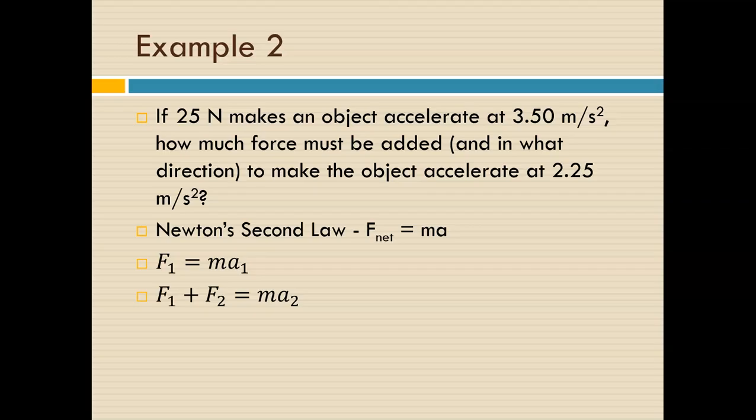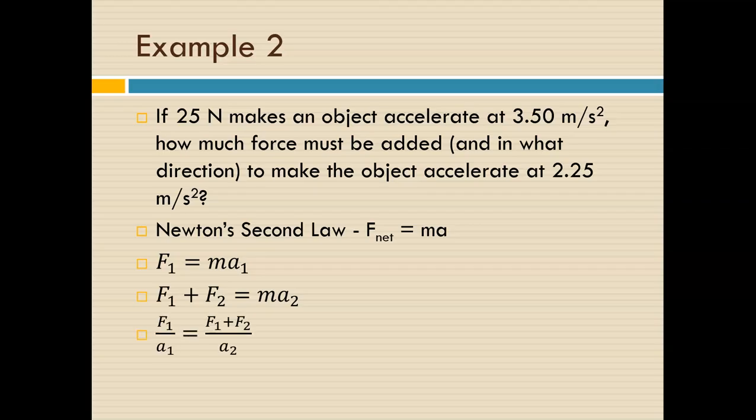Okay. Now I look at this and I see two equations and two unknowns again. I don't know m and I don't know F2. Well, good news, everybody. This one's easy. All I have to do is solve each of those equations for mass and set them equal to each other.